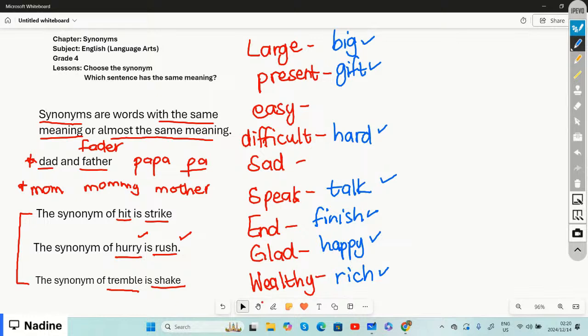Yes, if something is easy, it means it's not difficult. But what is the word? We need a word that is the same as easy.